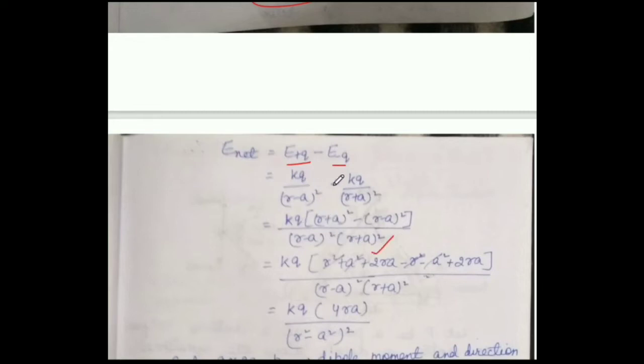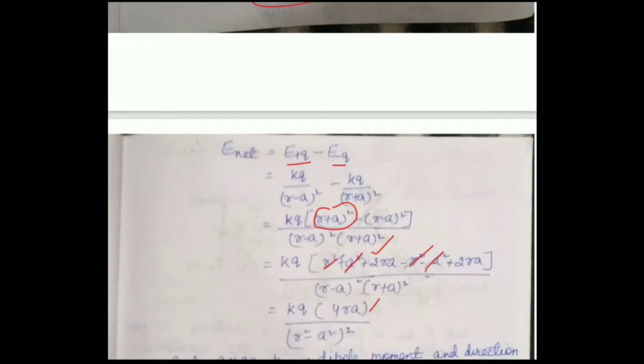Then here you take kq common. In the denominator, r minus a whole square times r plus a whole square. In the numerator, r plus a whole square minus r minus a whole square. Then you open this using the formula a plus b whole square. Then these terms cancel: r square minus r square, a square minus a square. Only 2ra and 2ra are left, it means 4ra is left.